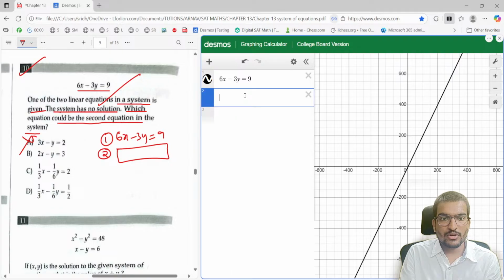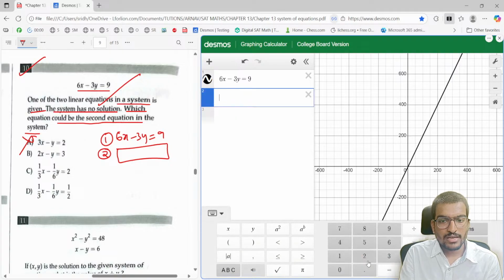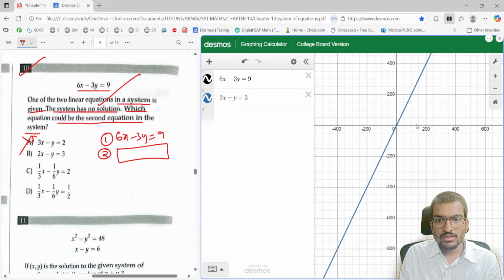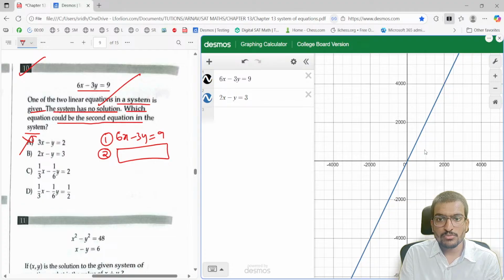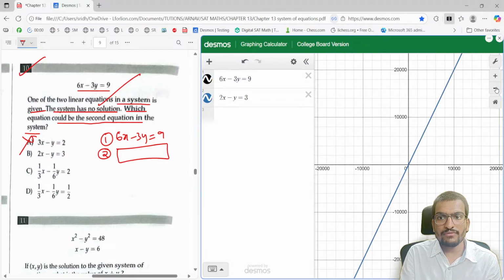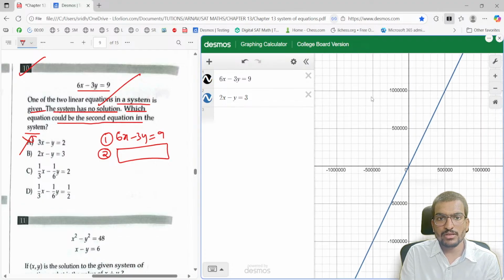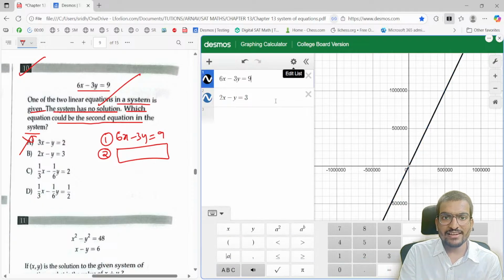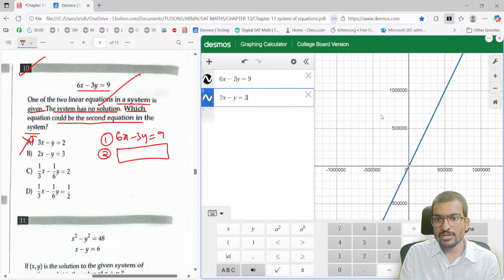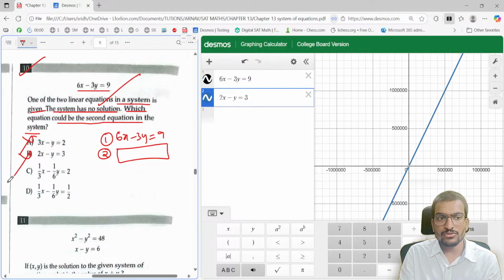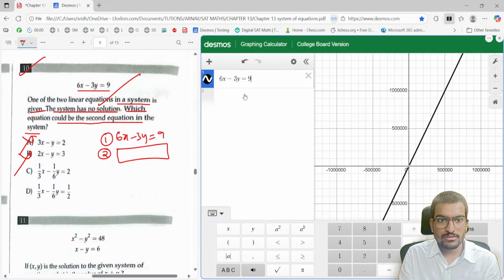So I eliminate option A and I go with B: 2x minus y, that equals 3. You see there is only one line, which means infinitely many solutions. You have to see two lines and they must be visible. If I go with black, you can see the black line. If I click on blue, a blue line comes, which means it's infinitely many solutions, but we need no solution. So let's change this.